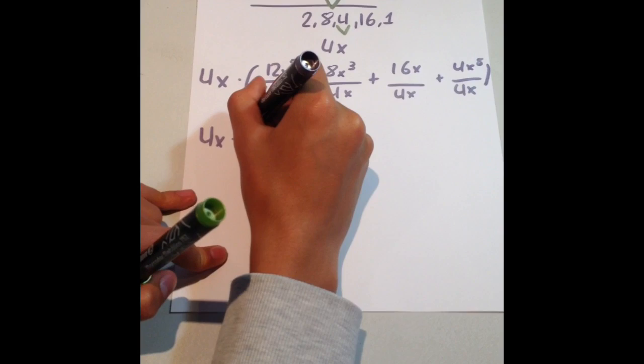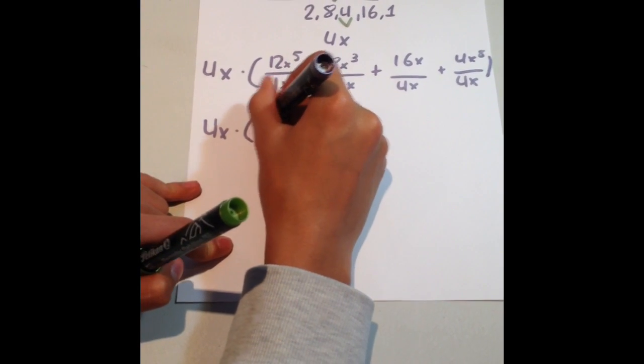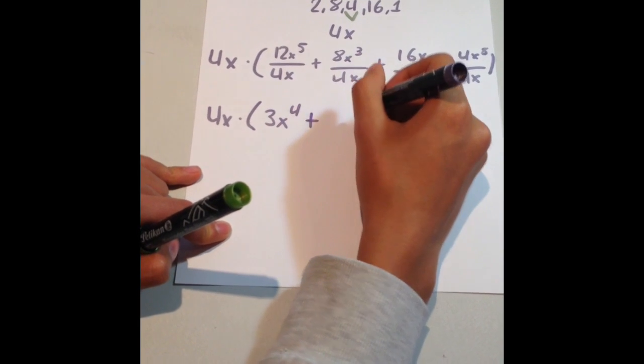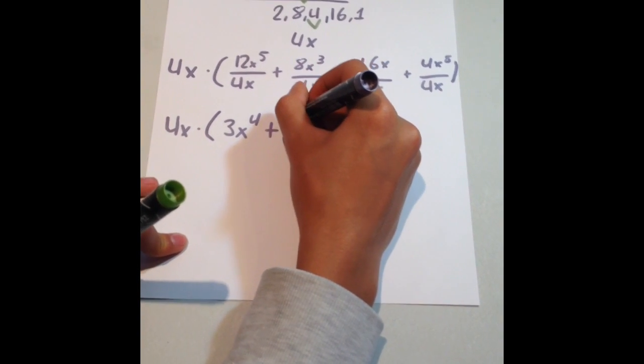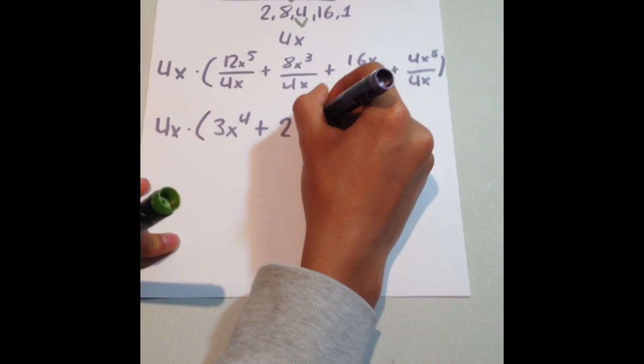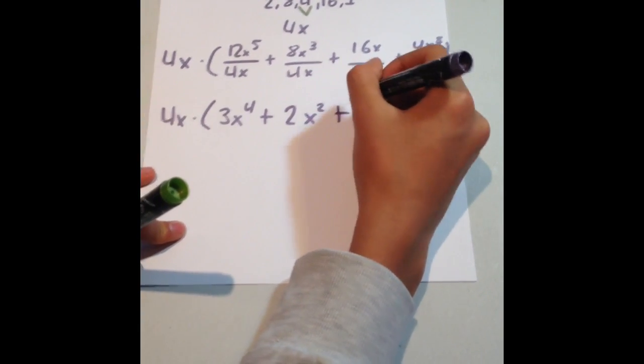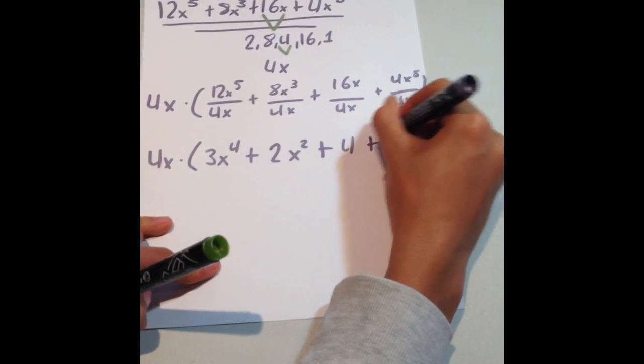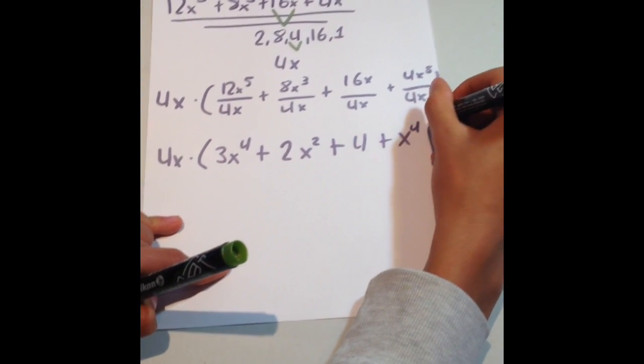So 12x^5 divided by 4x will be 3x^4 plus 2x^2 plus 4, in this case because x minus x, and 4.